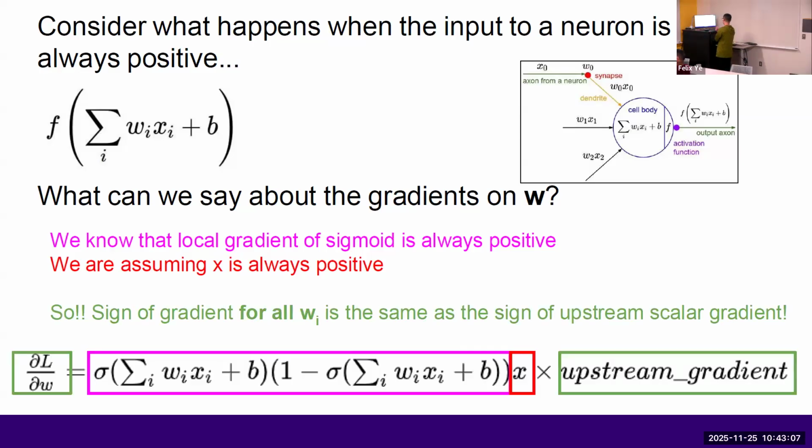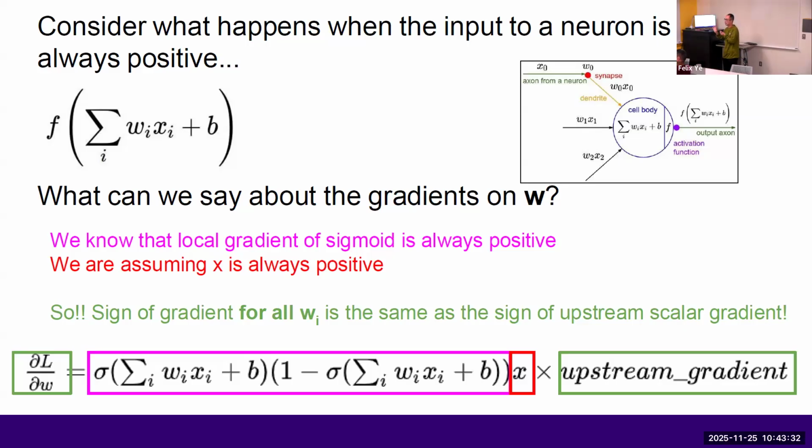And this upstream gradient, it's also a scalar. So the sign of the gradient for all the Wi will have the same sign as the upstream scalar gradient, right? That means the sign is solely determined by this upstream gradient, no matter what value it is.